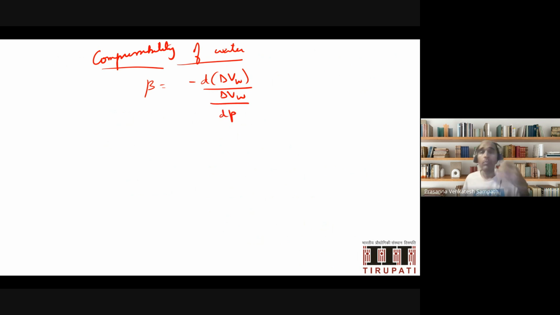How much did the volume of water change per unit volume of water, and what was the pressure or the stress that caused this change in volume? That's how we define compressibility. This is something that you must have studied in your earlier courses, so please go back and refer to those for the definition of compressibility. We'll just move on from here.